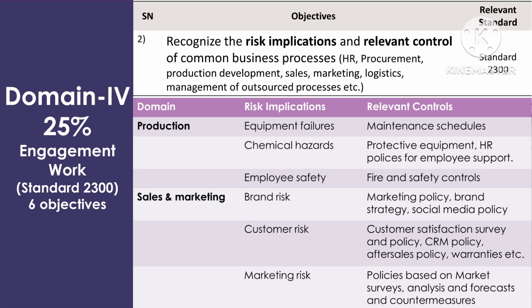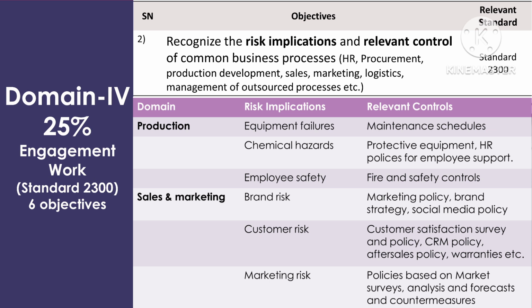Then we go to sales and marketing. So there's a brand risk. A marketing policy is established in order to mitigate the brand risk. A brand strategy is established. The social media policy is very important in order to mitigate the company's reputational and brand risk.